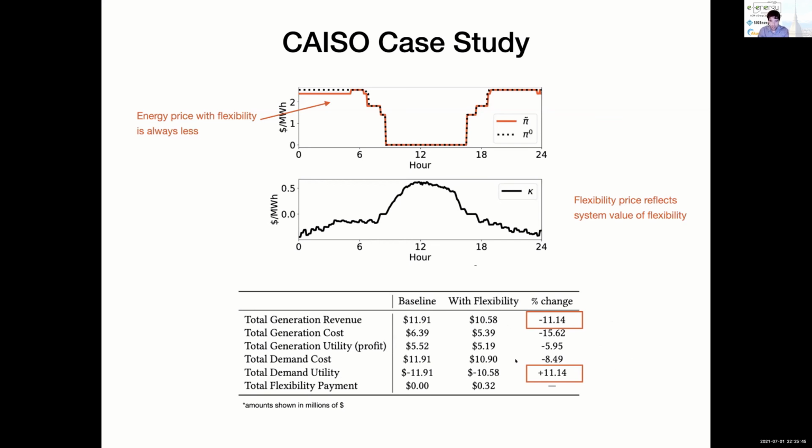And the increase in demand welfare, through our flexibility price cap and our allocation mechanism, is being redistributed to those loads that are offering this flexibility service to begin with. So while generators lose out, we see this as being the right thing to do to incentivize a service that we want, which is flexibility from the demand side of the market.